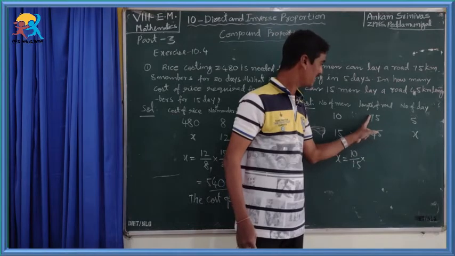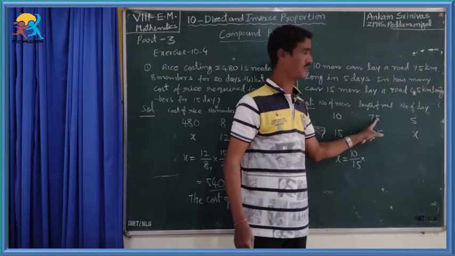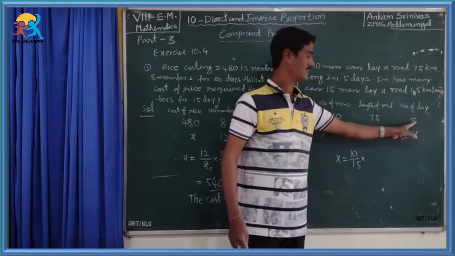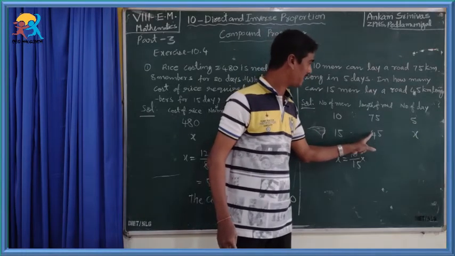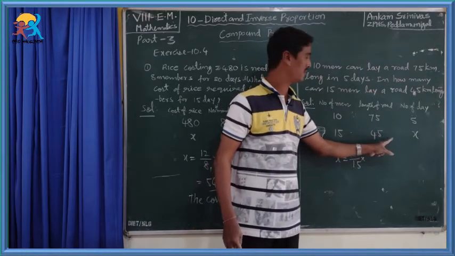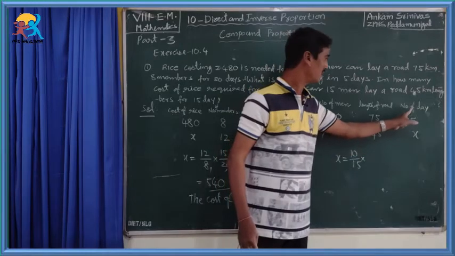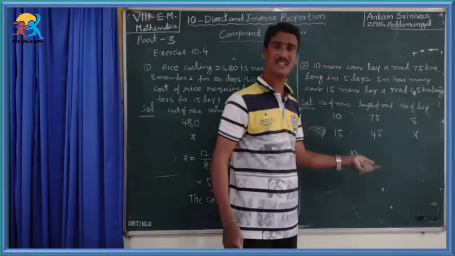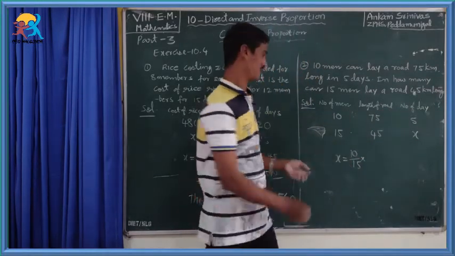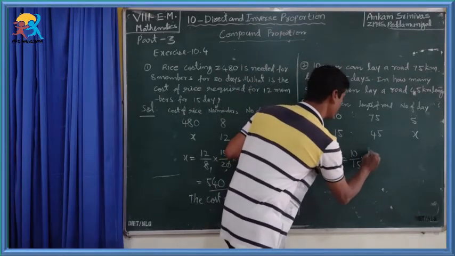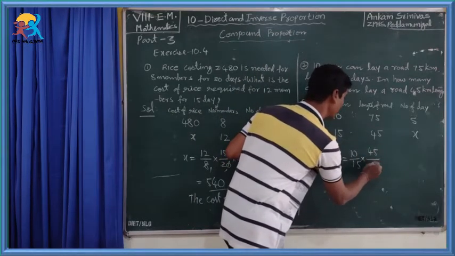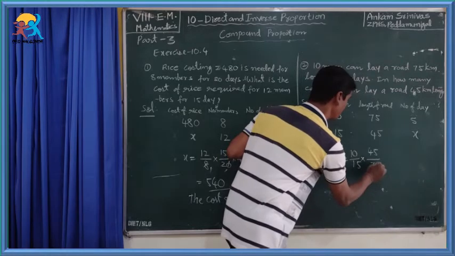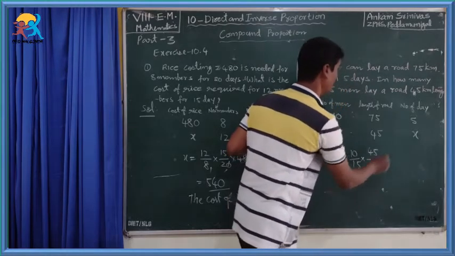Here 75 kilometers length of road, 5 days. How long will we take to lay 45 kilometers of road is the less. So this also less by more. Less by more means 45 by 75 into 5.